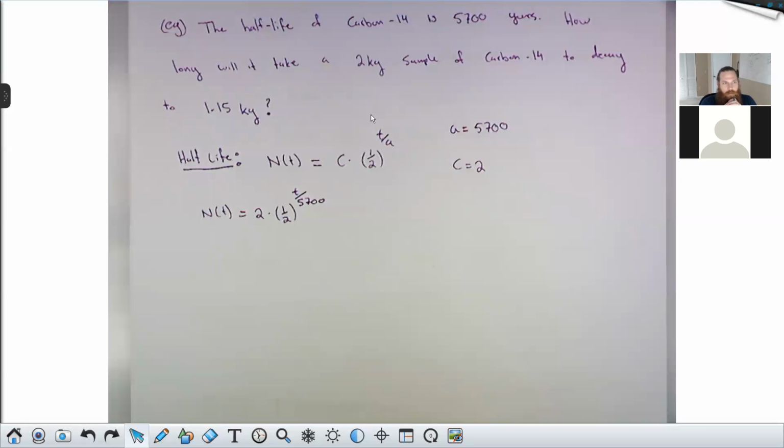Very good. Yeah, this is the amount of carbon-14 I have after t years. If I started with 2 kilograms, I want to know how long it's going to take to get down to 1.15 kilograms. So I set this thing equal to 1.15 and solve for t.